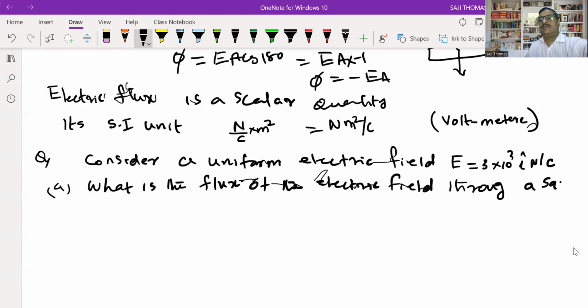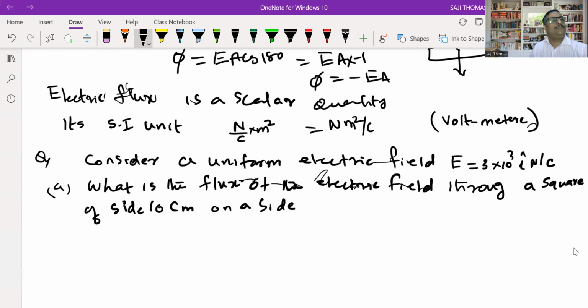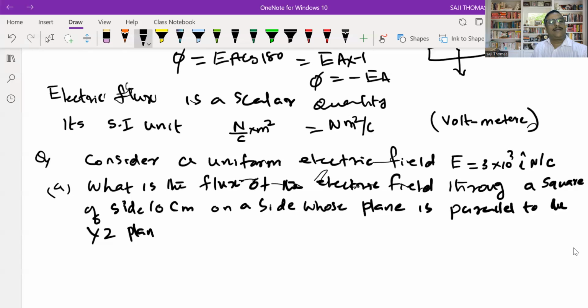A square of side 10 centimeter, whose plane is parallel to the YZ plane.